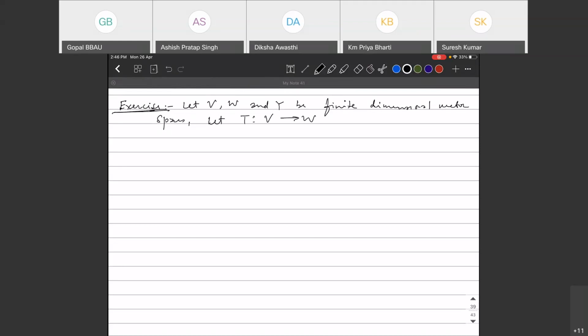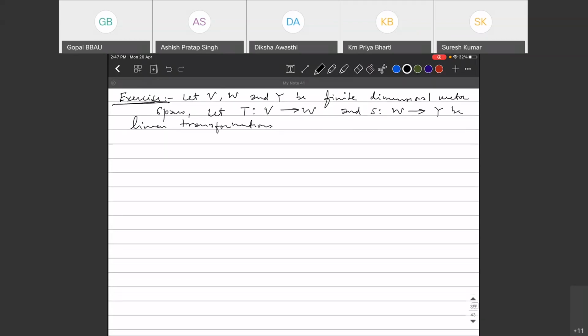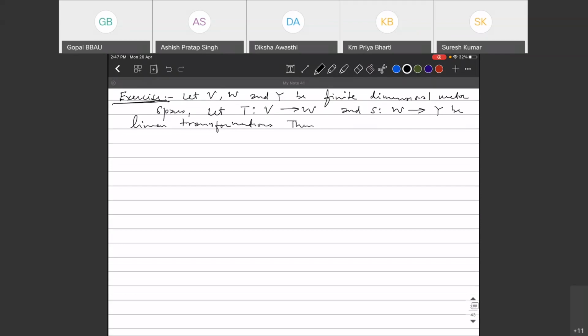Let T from V to W and S from W to Y be linear transformations. Then ST from V to Y is a linear transformation.